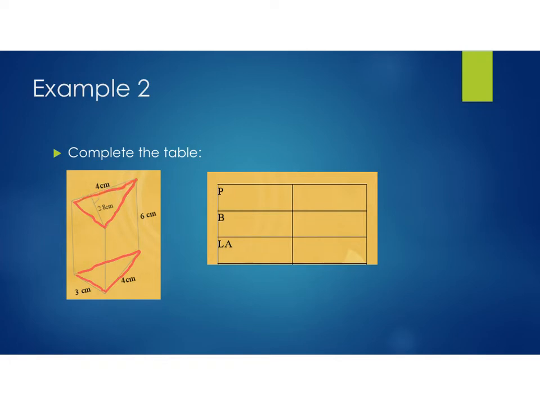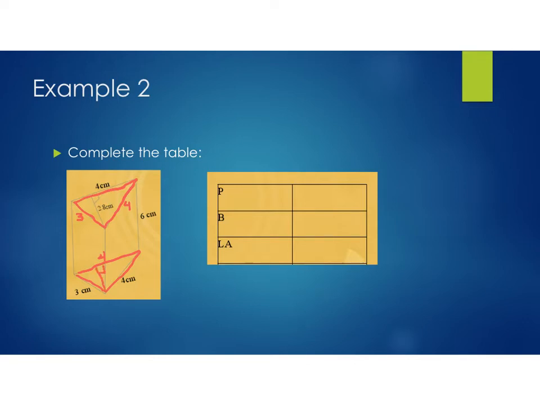So whatever side length I don't have in one triangle, I could move it to the other. So this side is also 3, this one's 4, and from the one in the top, I can also say this one's also 4. And then I can also see the height from the other triangle.